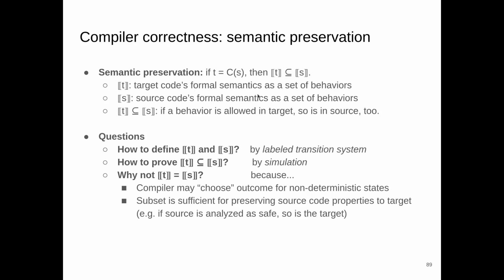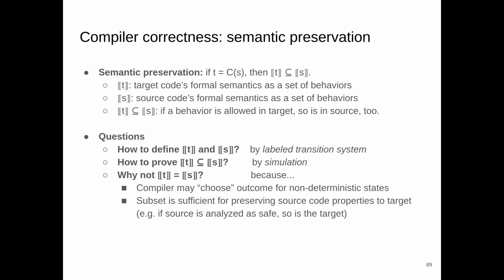So let's say it is represented as a set of behaviors. Let's say that you have a program and it non-deterministically chooses an integer value, say, and it is going to print it to the screen. Then it has many behaviors. One behavior is printing 0 to the screen, and another behavior is printing 1 to the screen.